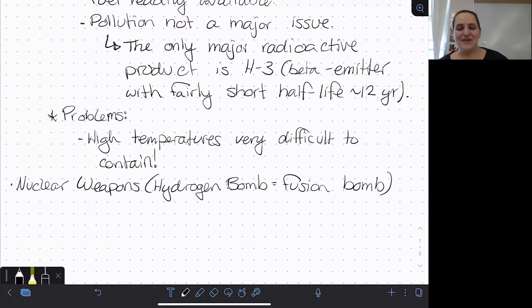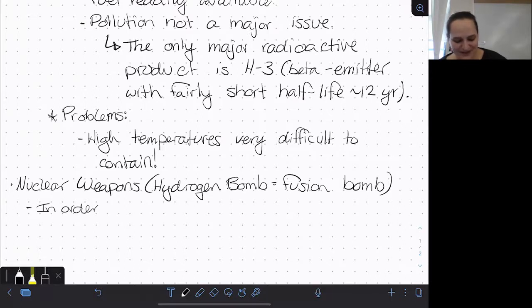We let it blow up. In the case of a hydrogen bomb, this is a fusion-based bomb, but really it's kind of a two-for-one deal, because in order to generate the temperatures needed for fusion to occur, we need to do nuclear fission first.